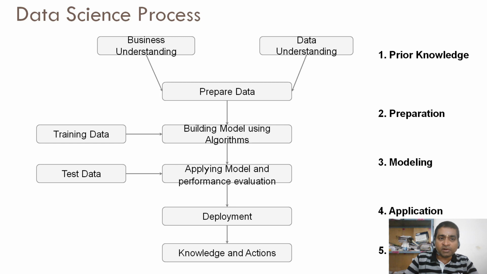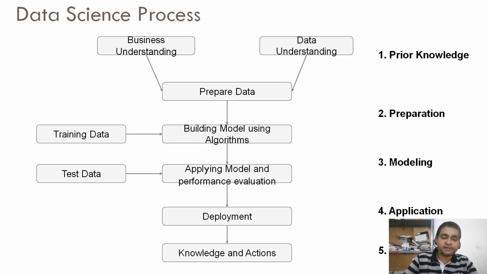By using both kinds of understanding, you are going to prepare the data. Once data is prepared, that is what we call in our generic steps data preparation, step 2.